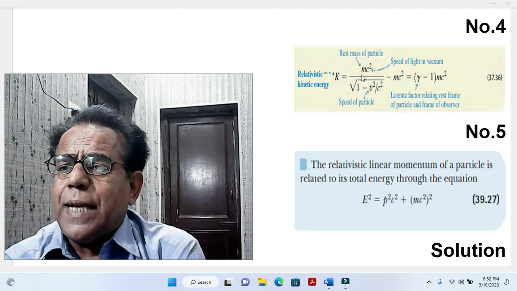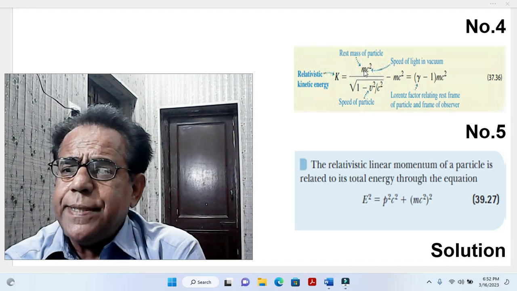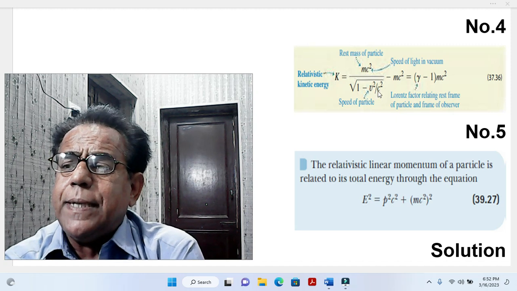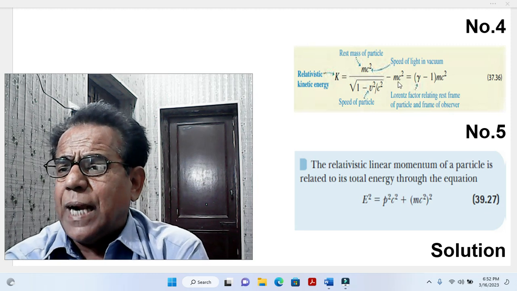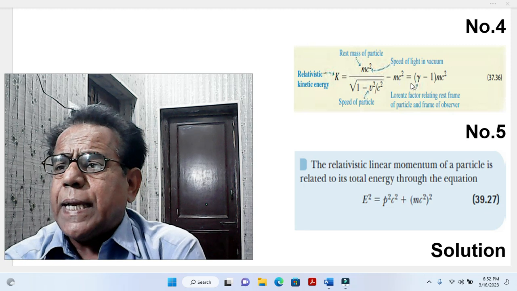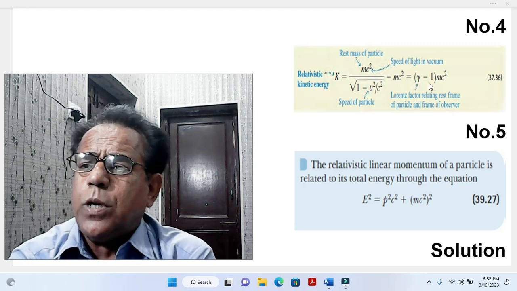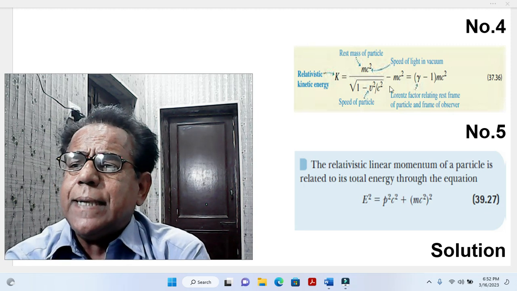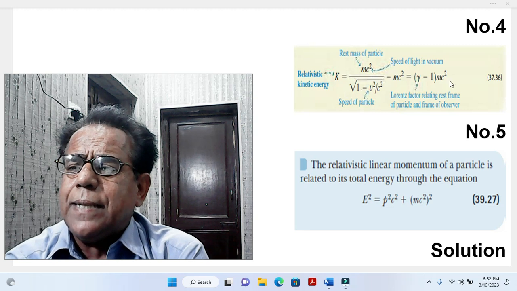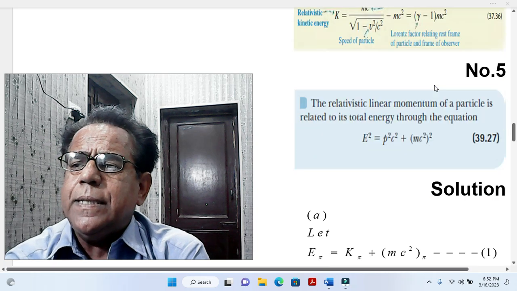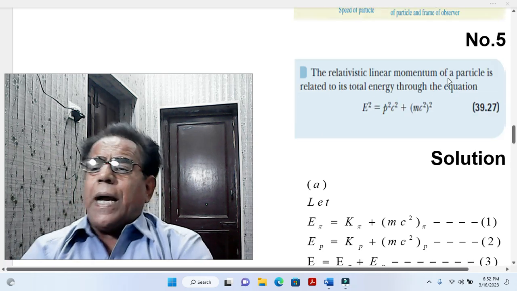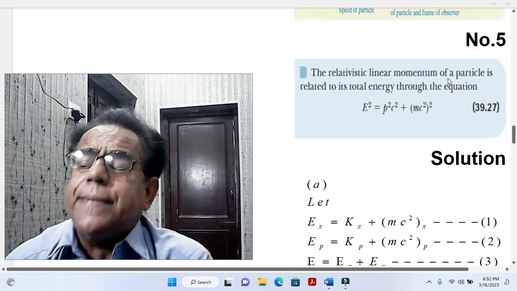On the left side, mc² divided by the square root, but on the right side only mc². This alternatively becomes equal to (γ − 1) mc². We take that factor as LCM, and this expression will take this form. Tool number 5 is applicable to part C of this problem.